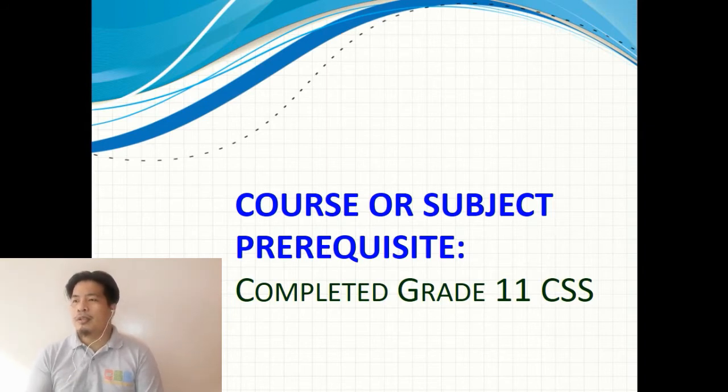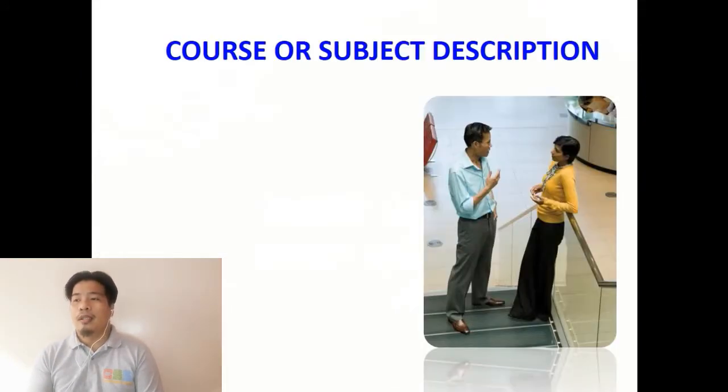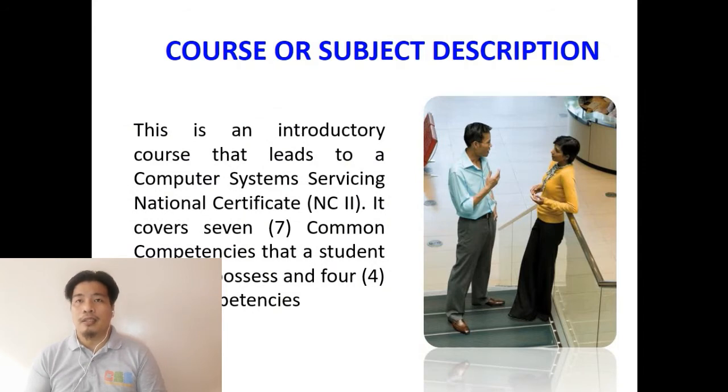And the short description of our subject is that this is an introductory course that leads to Computer System Servicing NC2. It contains 7 common competencies, all of which should have been completed already from your grade 11, and 4 core competencies, most of which will be discussed during your grade 12.